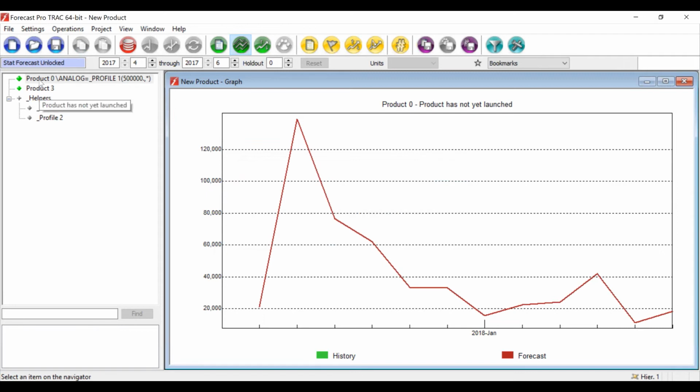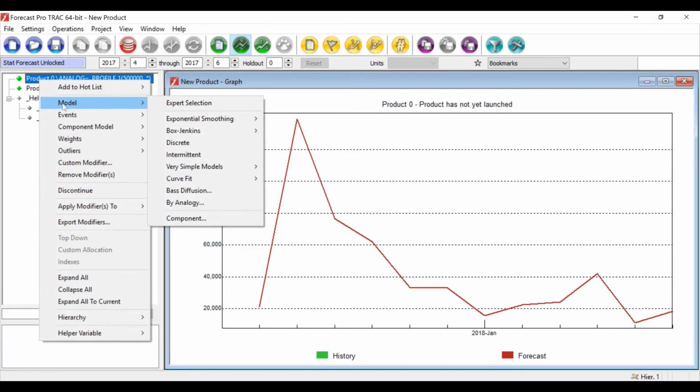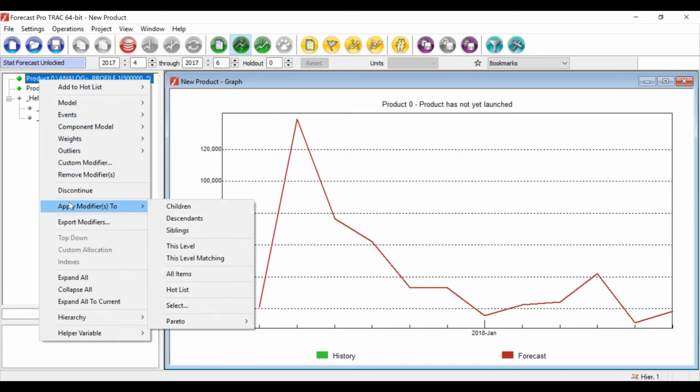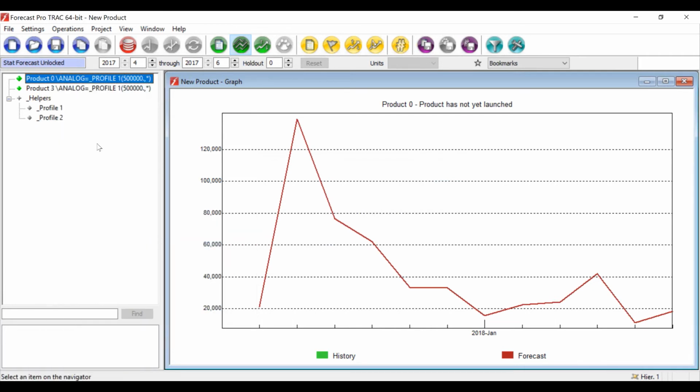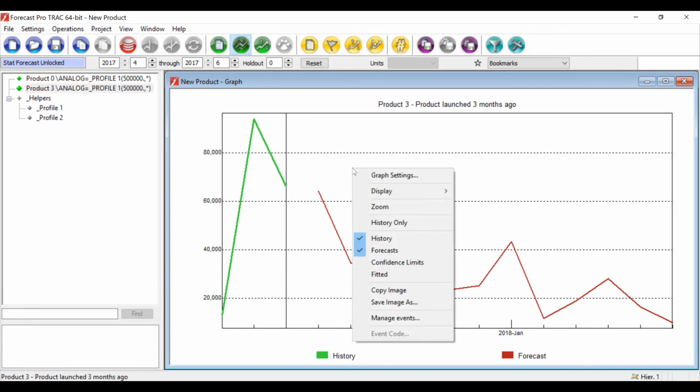Starting off, let's take a look at how well the model that we had before launch is performing. To do that, I'm going to apply the same model to what we have after 3 months of data. The green line here is our 3 months of data, and here is what our forecast looks like. This is the same as what we saw for the product before, the exact same forecast.